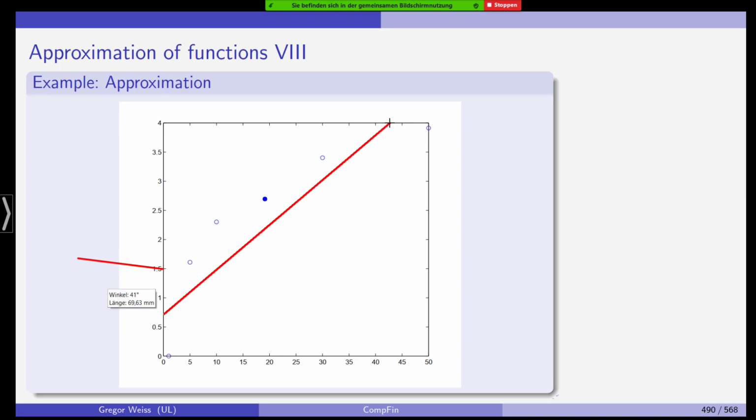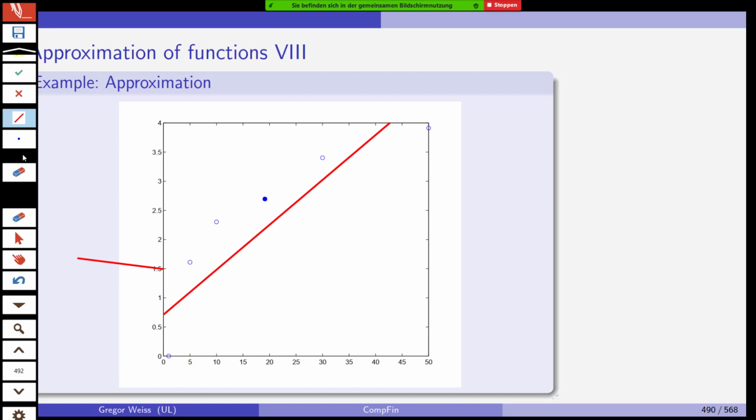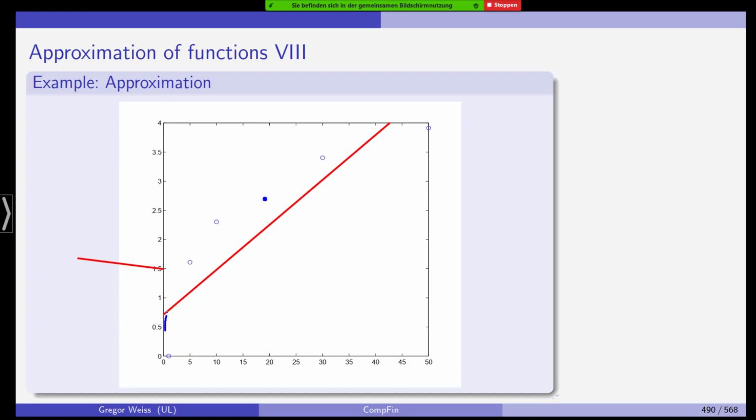We'll start out here, and this will be the approximation. If we have 3 basis functions, it will probably look something like this. And if we interpolate, it will look like this. Hopefully, we'll go through all those points.